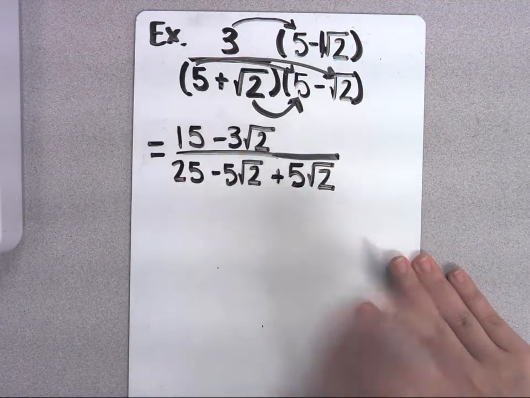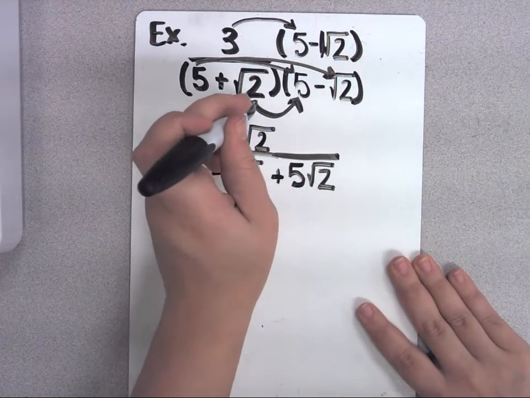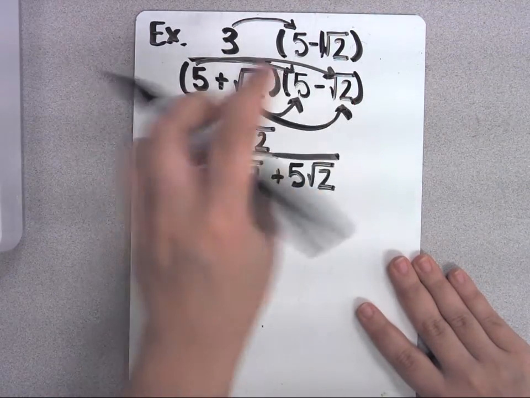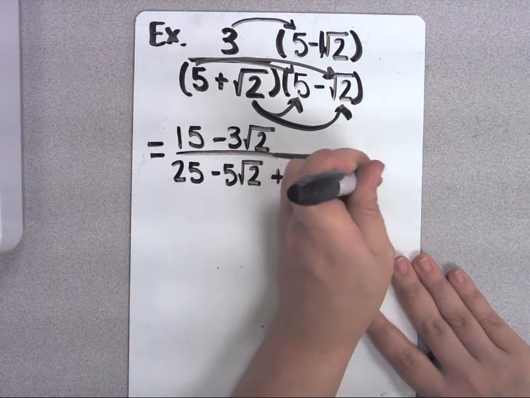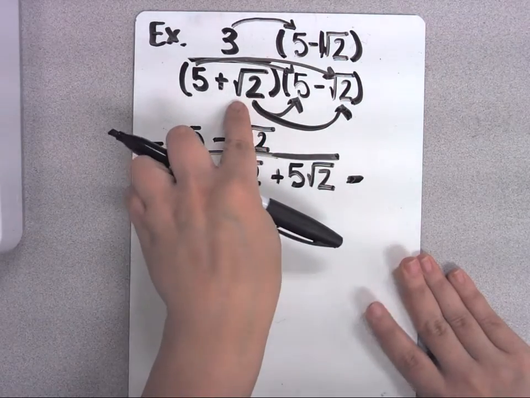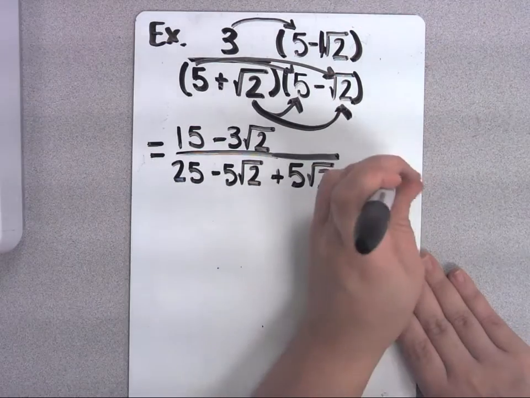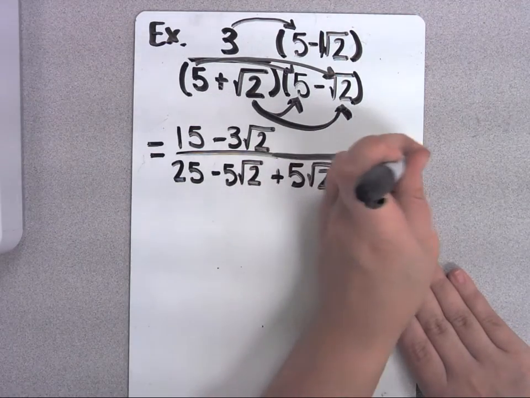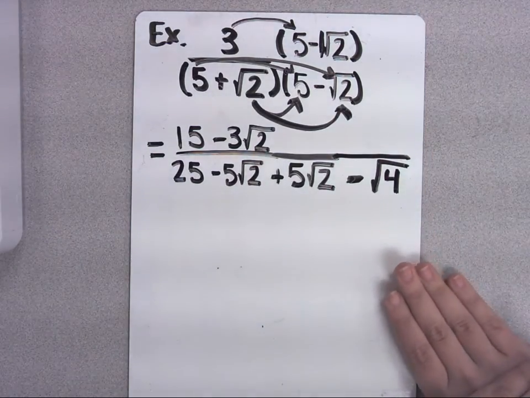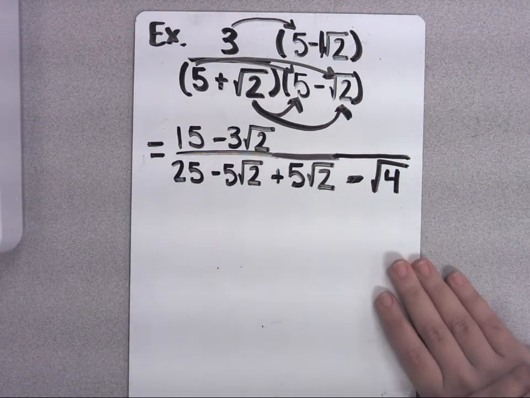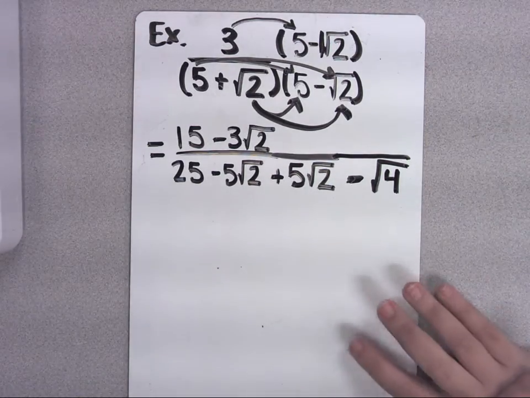And then last times last. A positive times a negative is a negative. Square root of 2 times the square root of 2 is the square root of 4. Since they're both under square roots, you can actually multiply them. I know it looks really long, but they will cancel out.